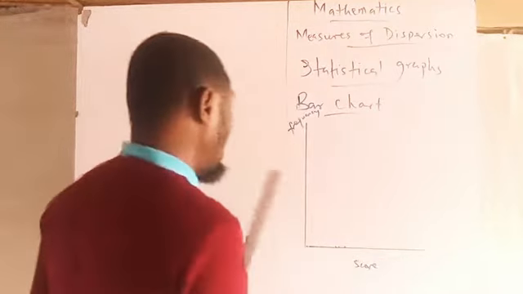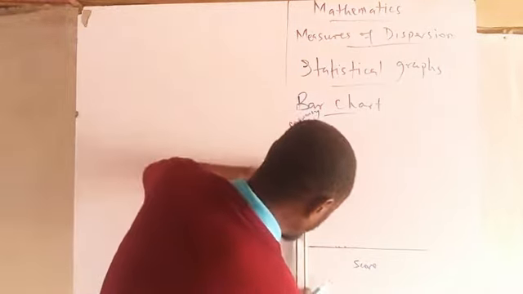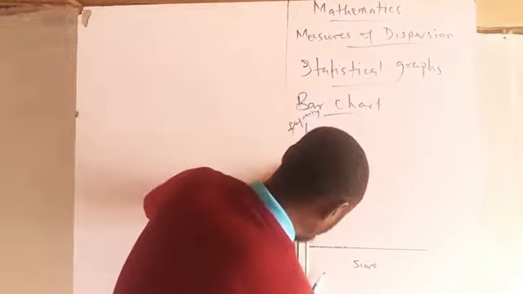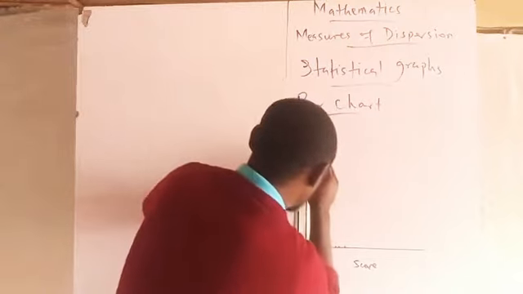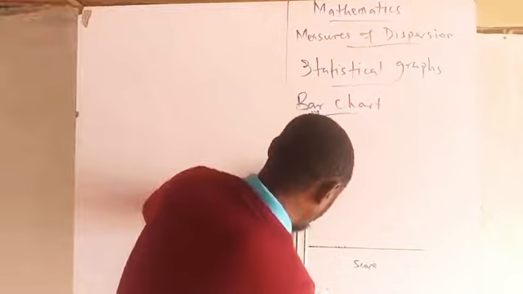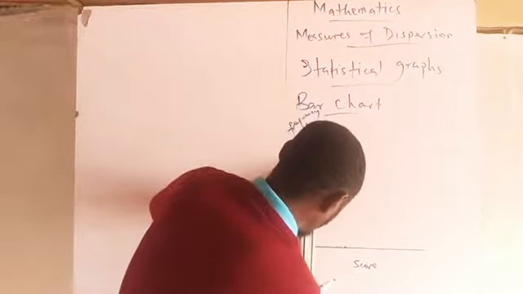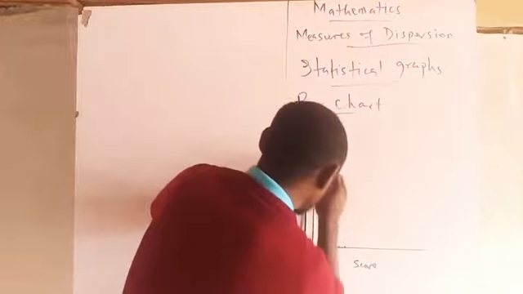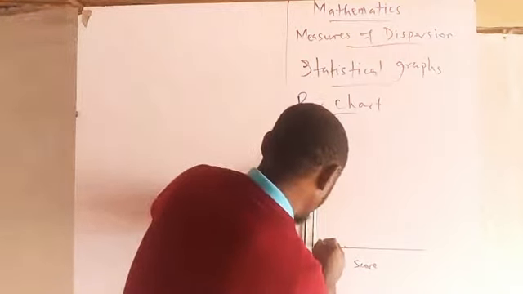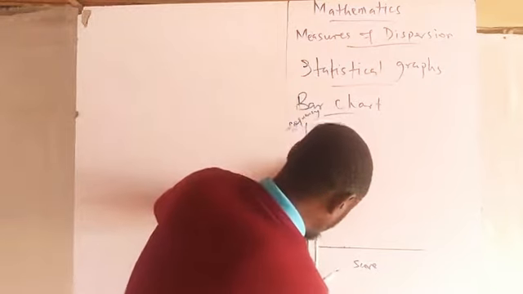Now, these are the dots on the board. So your bars should start from the dots. So you draw the first bar. The first bar is drawn in this manner. And it's here. Leave that space.